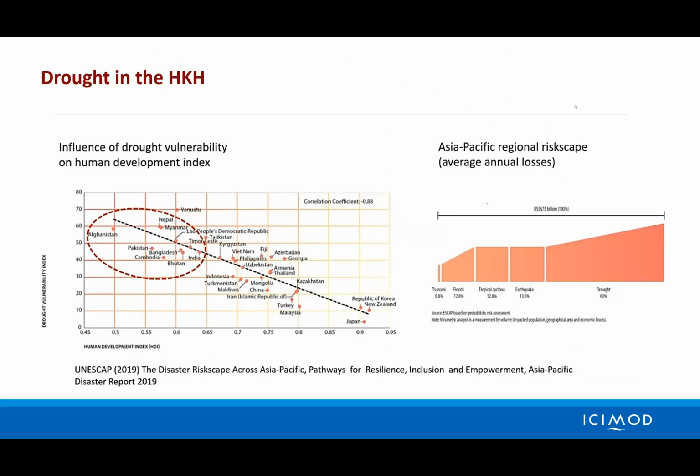We get more news about floods, but economic losses of more than 60% occur from drought. So that is mostly known as a silent killer and silent disaster, which we need to talk more about, and we need to put more attention to address those catastrophes.